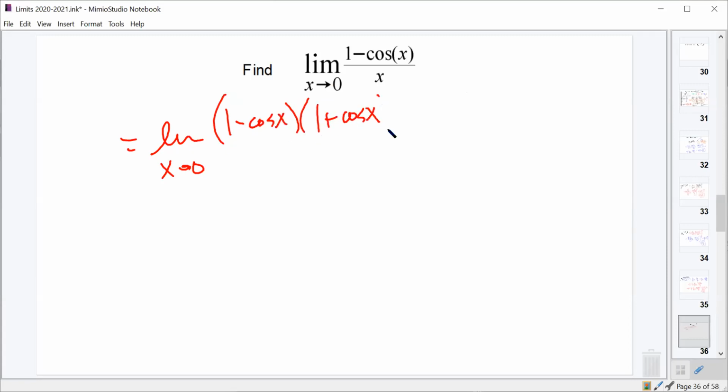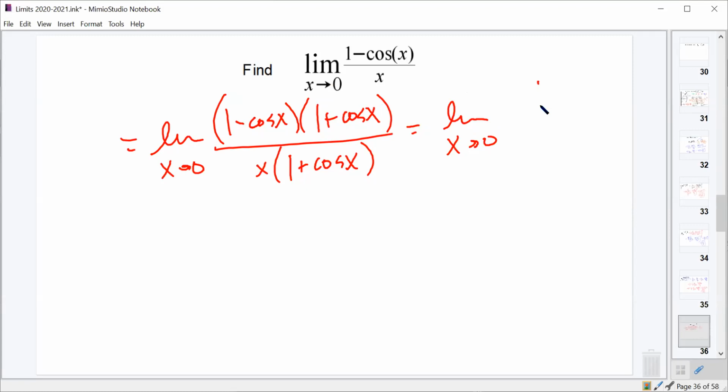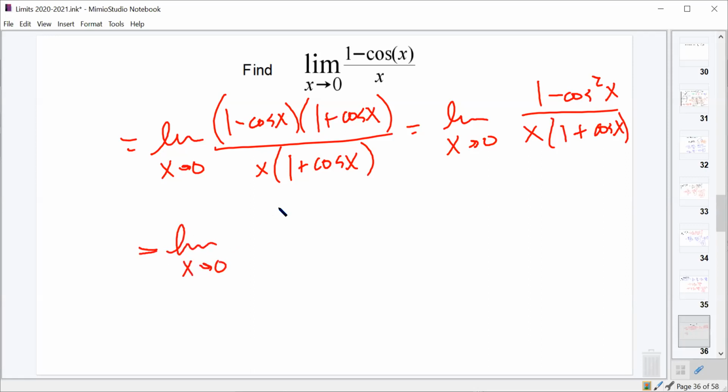And if we do that to the numerator, then we have to do it also to the denominator. So limit as x approaches 0 of 1 minus cosine squared x over x times 1 plus cosine x. Everybody so far good with that? Okay. And then the 1 minus cosine squared is going to turn into sine squared.